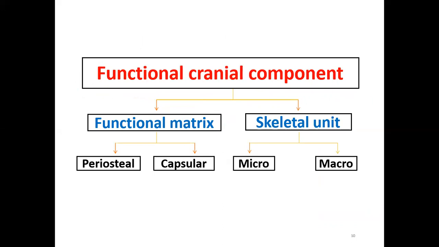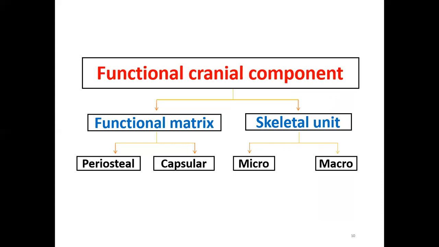According to this theory, the head is an area where several relatively independent functions are carried out in the craniofacial region. Some of these functions include respiration, olfaction, vision, hearing, chewing, swallowing, etc. Each of these functions is carried out by a functional cranial component, and the functional cranial component can be divided into a functional matrix and a skeletal unit.